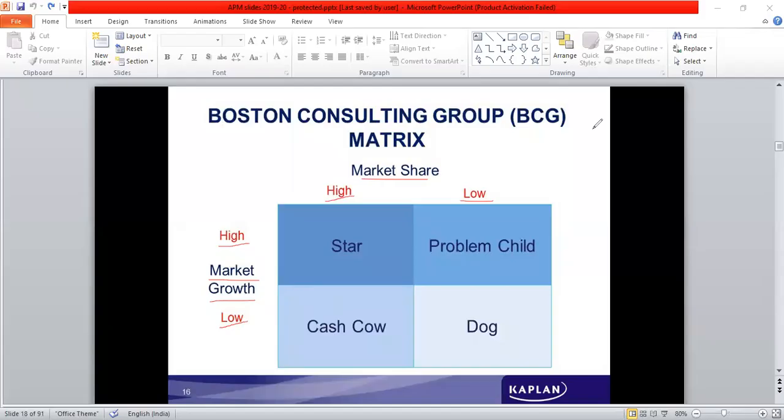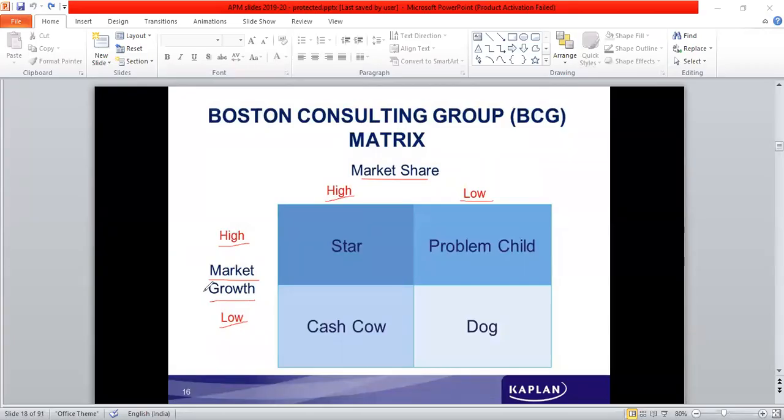This means that if investment is made into the firm, because the market has a possibility to grow, then as the market grows, the firms in that industry also have a chance to grow.